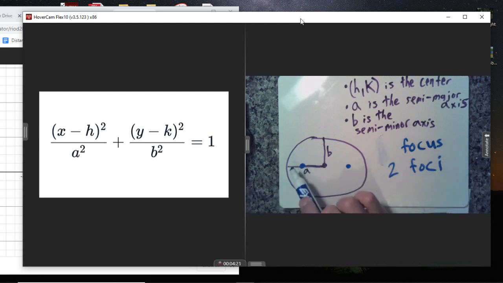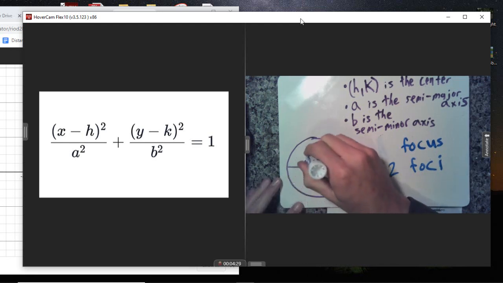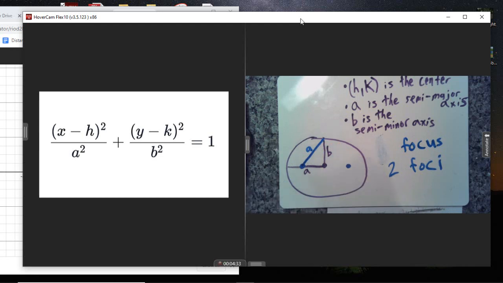Now, just remember, again, A is that entire length right there. But it turns out that A is also here. I know that's a little bit confusing. The reason it's confusing, honestly, is because it comes from a very complicated mathematical formula. It's actually in your textbook if you want to take a look at it. But for now, you've just got to understand that A is also this length right here.